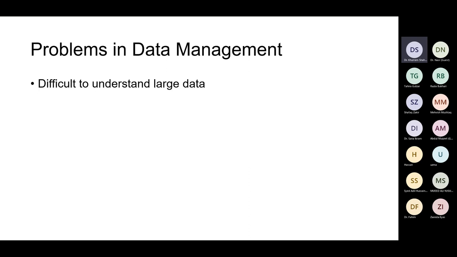The solution is that R can easily deal with large data sets. The second one is missing values. Sometimes we do experiments and some of our treatments, especially in lab studies, are destroyed, or sometimes heavy rain means we are not able to take data for some treatments.